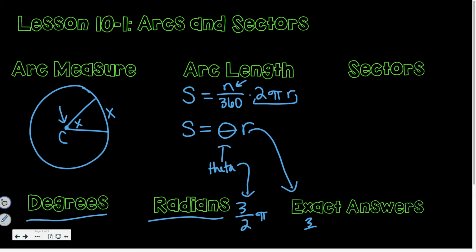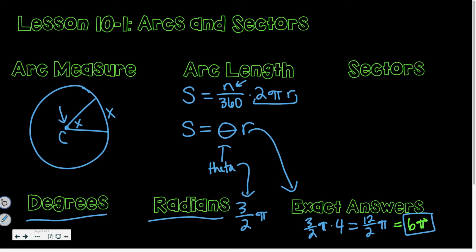I would do 3/2 pi because that's my theta, times 4, my radius. And those of you that are looking for a picture, there is no picture. I'm making this up as I go. 3/2 times 4 becomes 12/2 pi, or 6 pi as an answer.